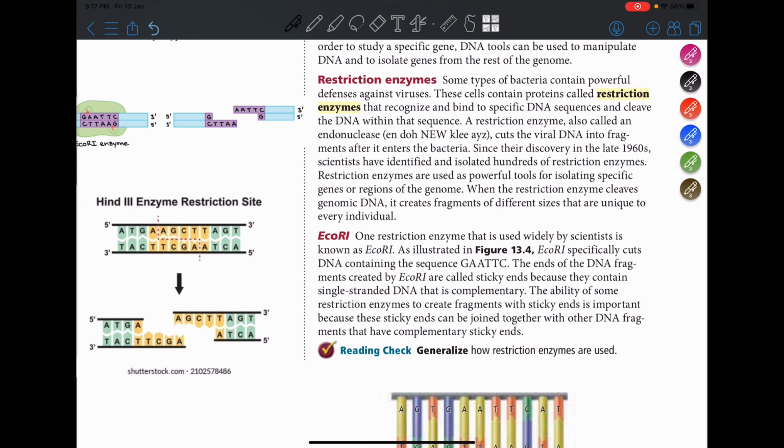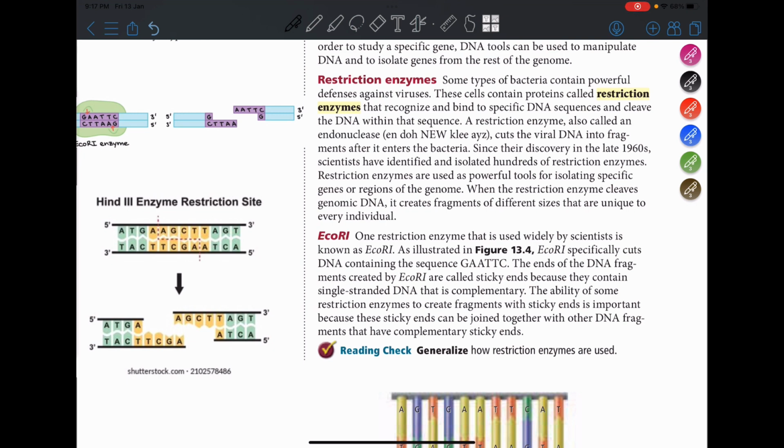Since they were discovered in the late 1960s, scientists have identified and isolated hundreds of restriction enzymes. These enzymes come in really handy when we want to study a certain thing, because we can cut that thing out.